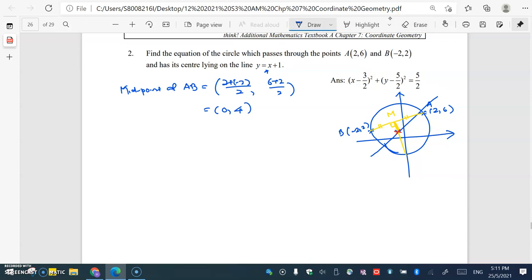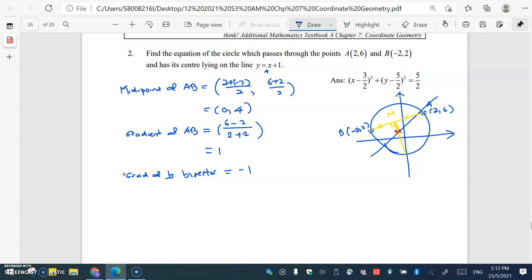To find the gradient of the yellow line, I first must find the gradient of AB. All right, gradient of AB, y1 minus y2 over x1, oops, wrong way, x1 minus x2. And so my gradient is actually 1. So the gradient of the perpendicular bisector, therefore, is negative 1.